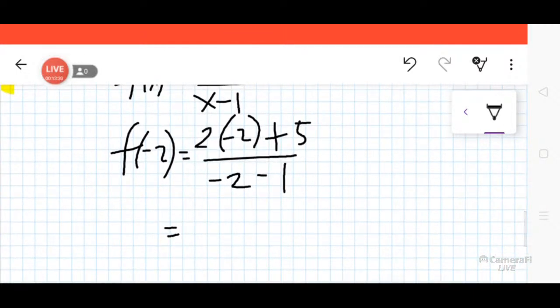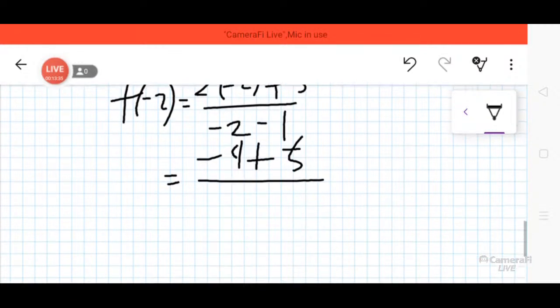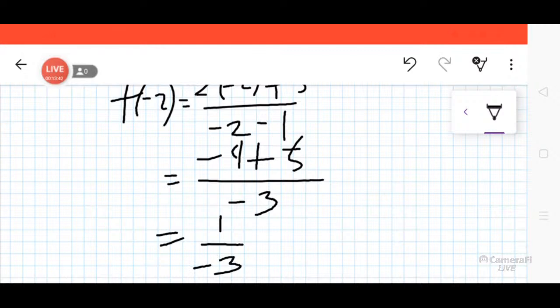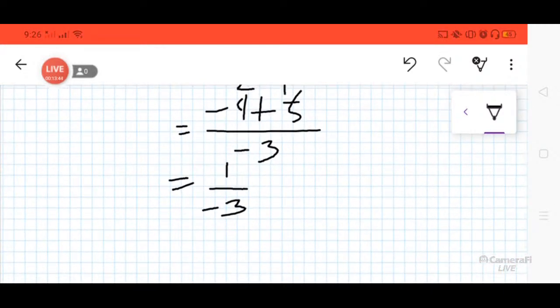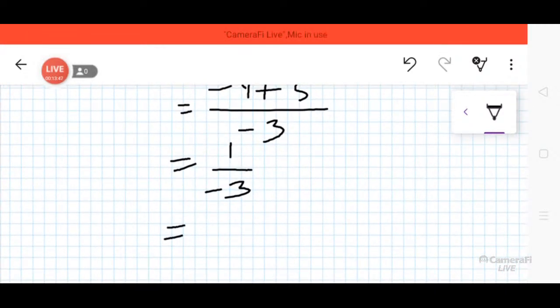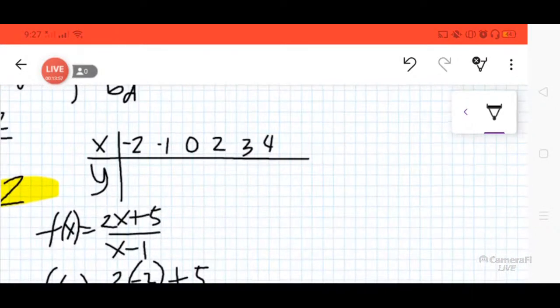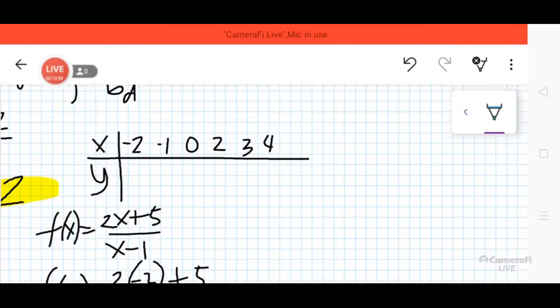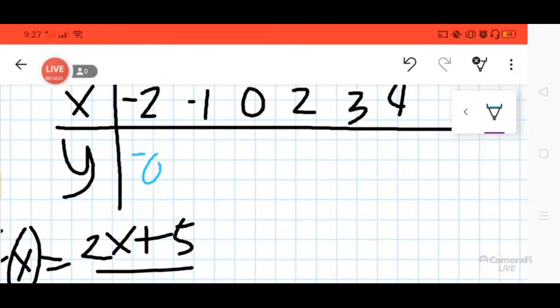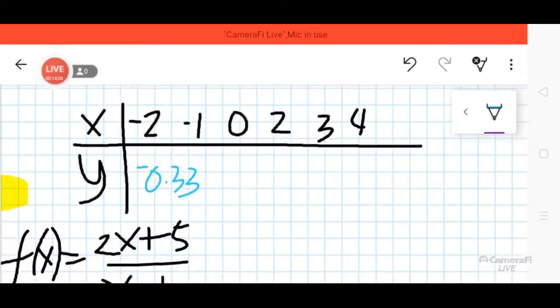This becomes negative 4 plus 5 over negative 3, so that will become 1 over negative 3. 1 divided by negative 3 is negative 0.33, and so on. So our coordinate point here is negative 2, negative 0.33.